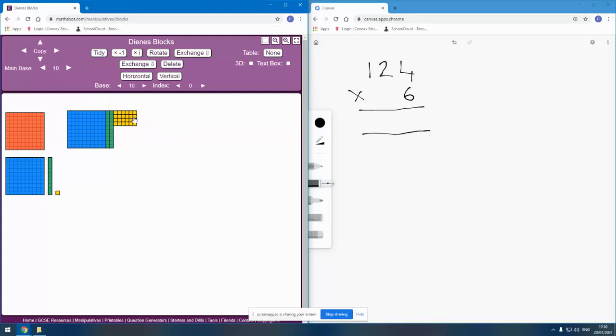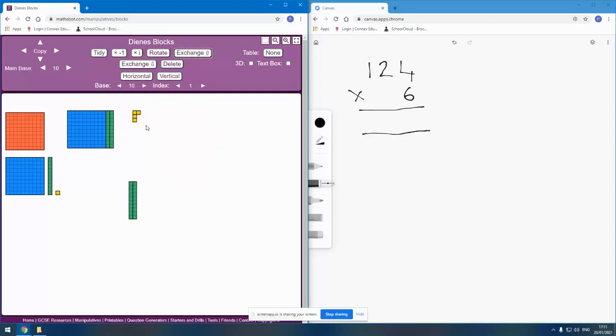And I can see that if I take some of these, let's take it from the bottom, I can create some 10s. So I can create this 10, which I can then exchange up for an extra 10. Now I'm just going to pull that out of the way for a minute. And then I should be able to do another one. There we are. So I'm just going to pull those out of the way for a minute.